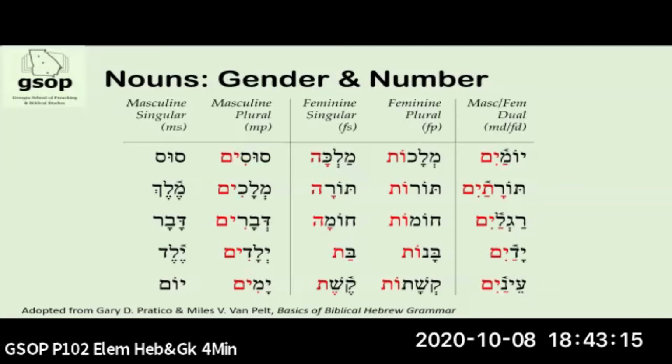So bat is for daughter, and to make it daughters plural is banot. Now the nun is added because there's some changes that occur. You're talking about a monosyllabic word that makes some changes as a result, and the nun is added. I forget why, but it's not that important.